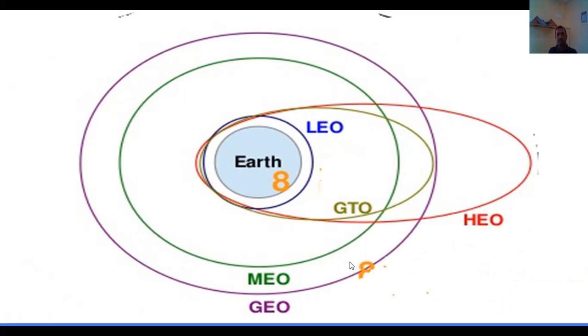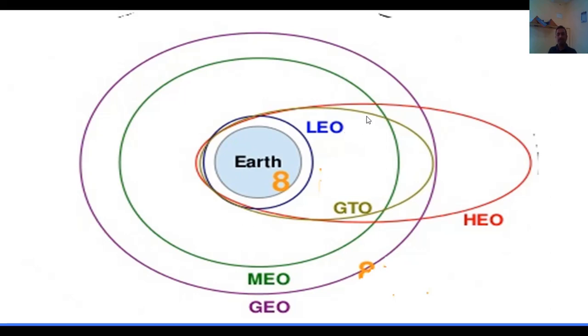Next one, different types of orbits. Different types of orbits are present around the Earth's surface. First one, if you see this blue color nearer to the Earth's surface, that is low Earth orbit.